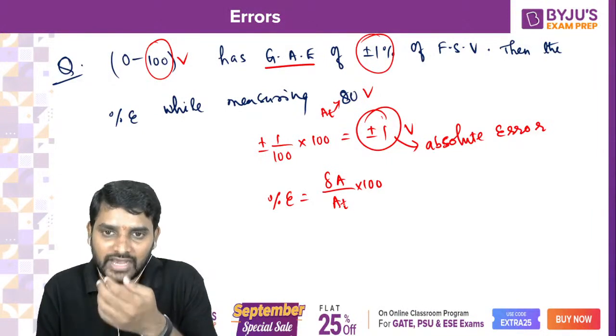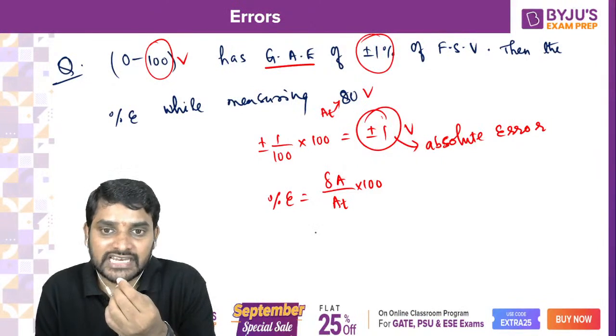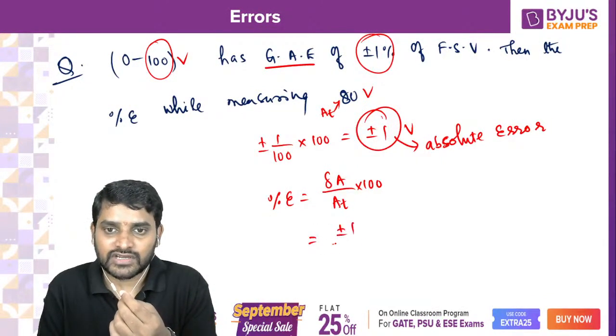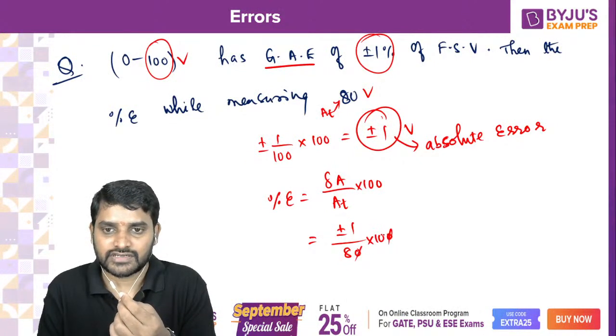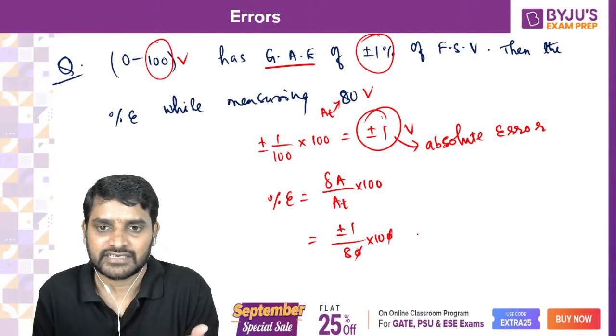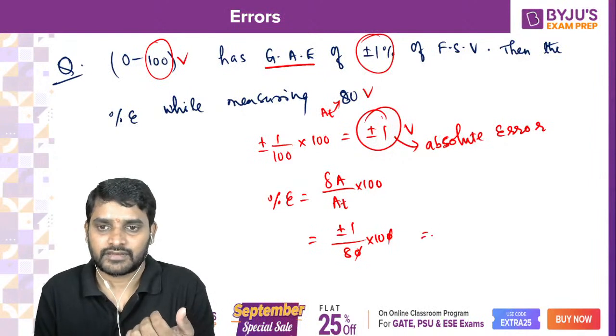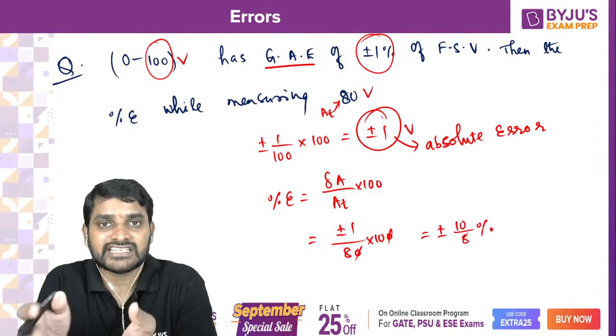I know the true value, and I know del A. So del A is plus or minus 1, true value is 80, into 100. So let me take up this one, 10 by 8 percent, plus or minus 10 by 8%. So this is the percentage limiting error.